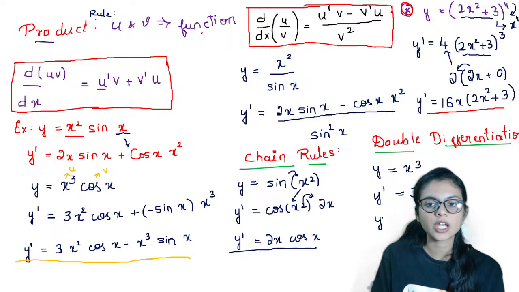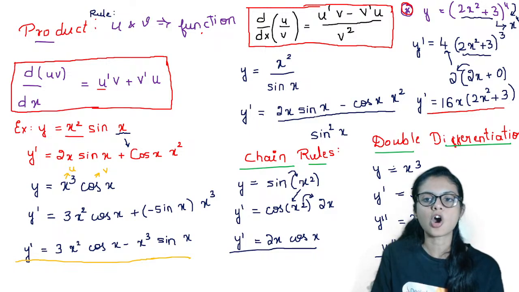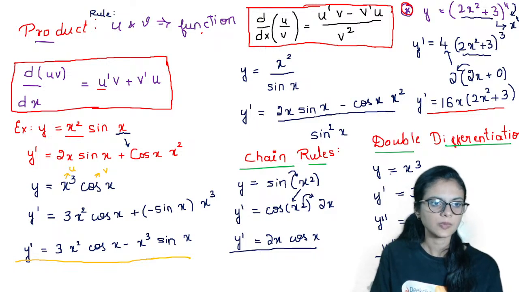Again, if I differentiate this a second time, it is called double differentiation. And what will be the answer? The coefficient 3 I'll keep outside. Differentiating x square gives 2x. Just multiply the things, it is turning out to be 6x. So 6x is the value of double differentiation of x cube.